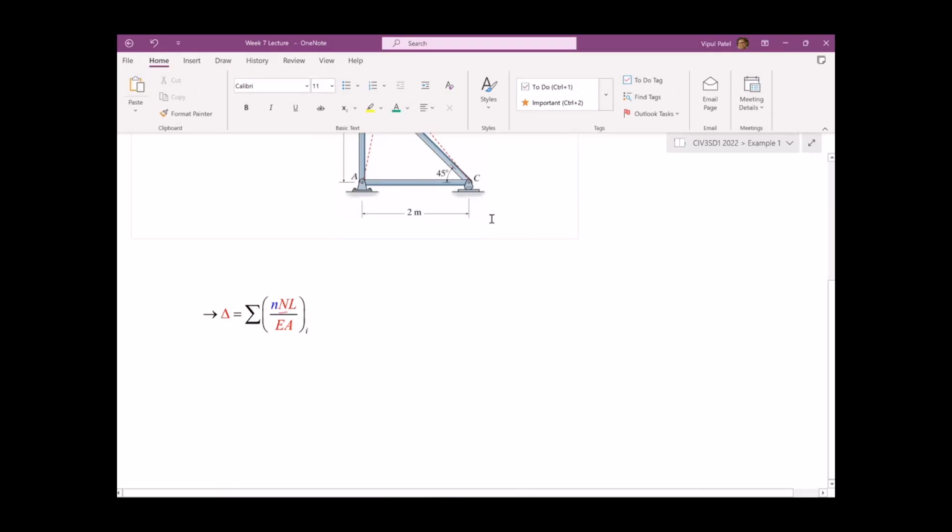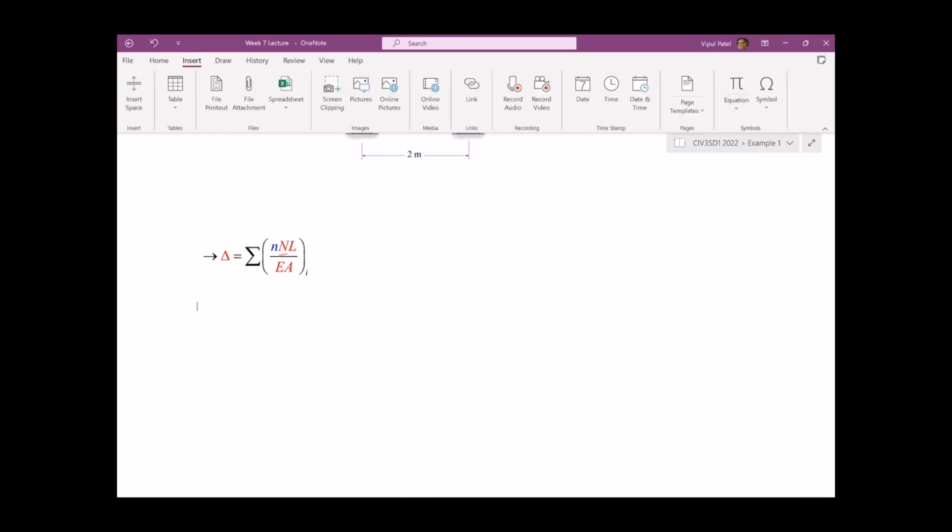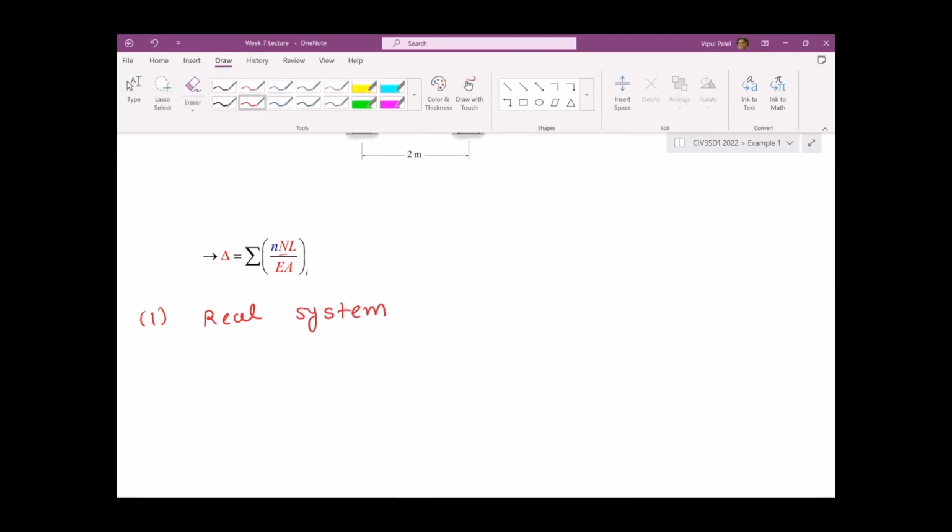So what we're going to do is create the virtual system and real system. So let's do the real system first. So number one, let's draw the real system. I will explain these equations as well.